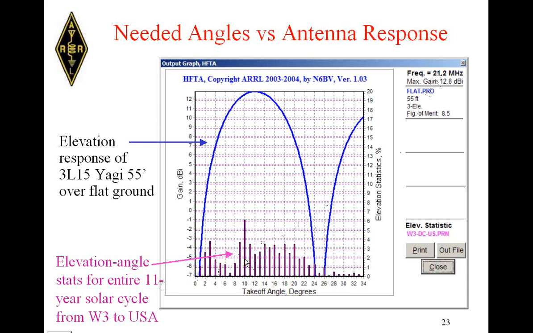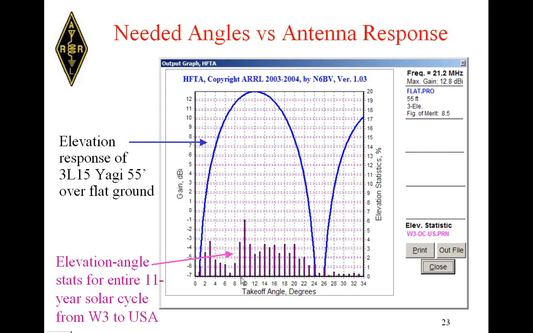What these elevation angle statistics are telling you is that 6% of the overall time when the 15-meter band is open from Washington across the entire U.S., and that is for any level of solar activity, any hour, any month, for the entire 11-year solar cycle, the elevation angle will occur at 10 degrees takeoff angle.